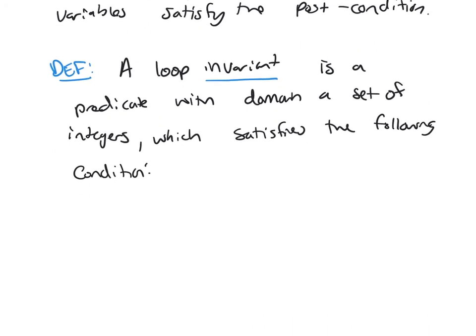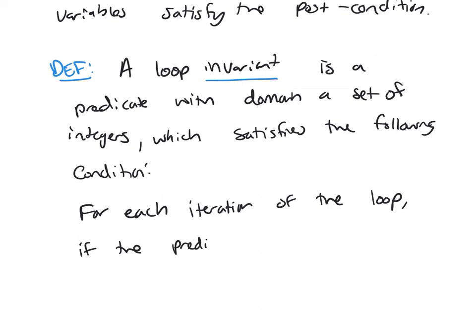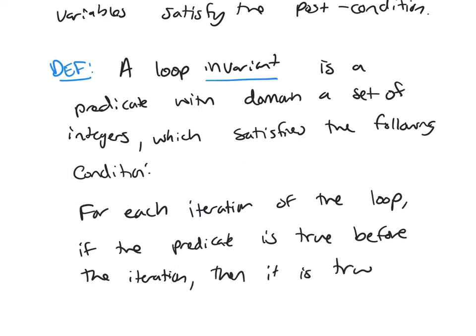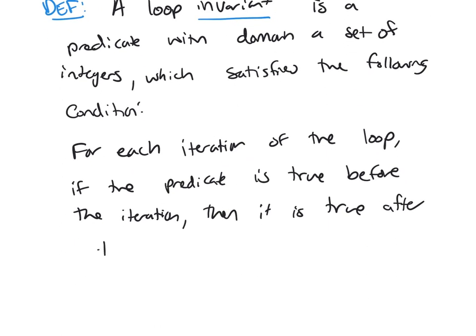So for each iteration of the loop, if the predicate is true before the iteration, then it is true after the iteration.